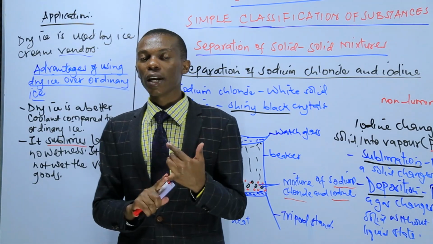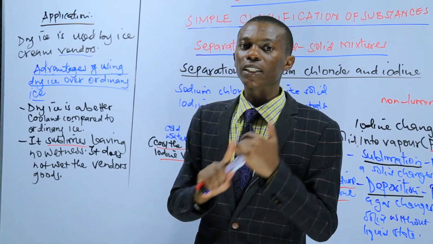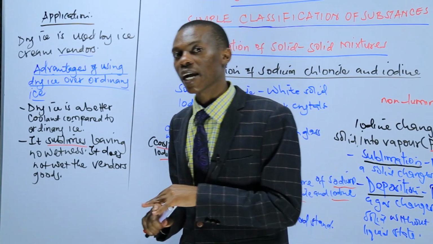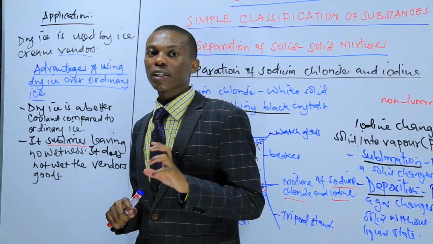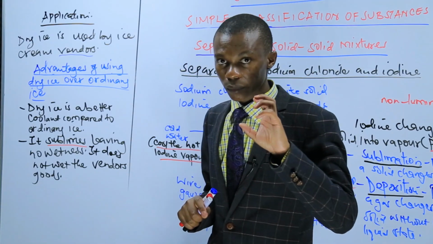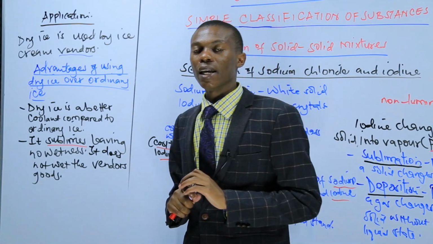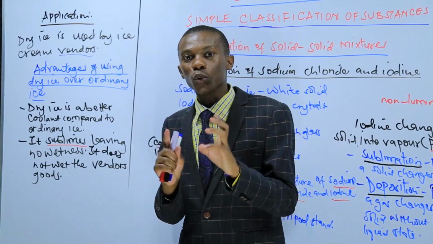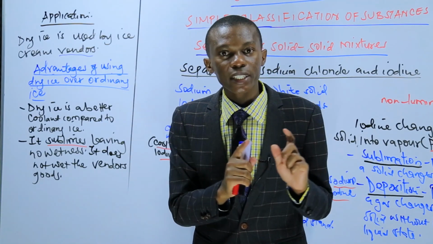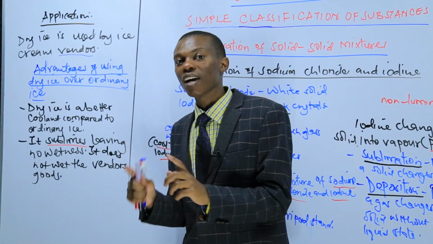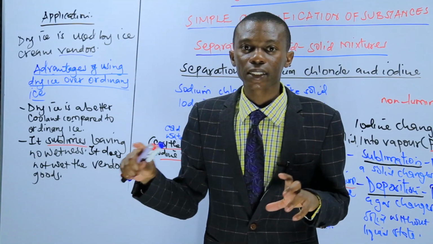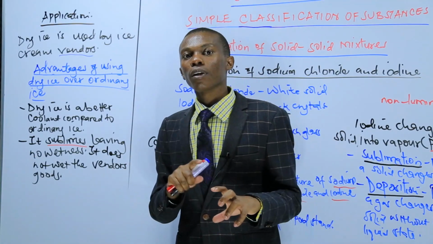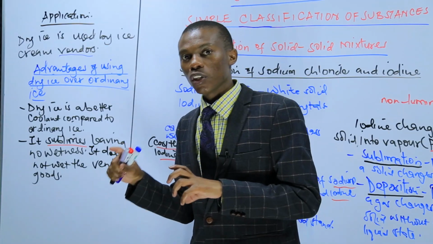One, dry ice is a better coolant compared to ordinary ice. And second, it sublimes, leaving no wetness. Subliming means that it is able to change from a solid to a gas direct, and therefore it is not going to wet the goods of the person using it.